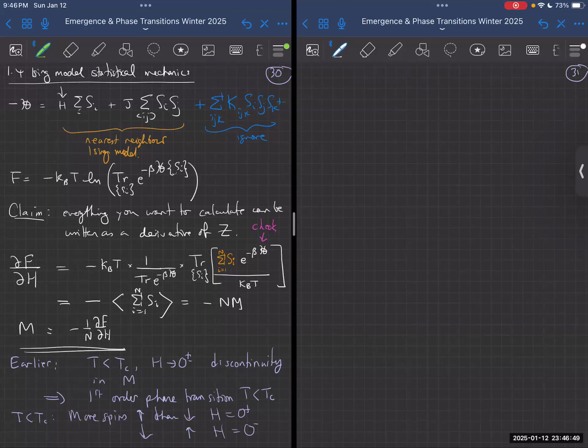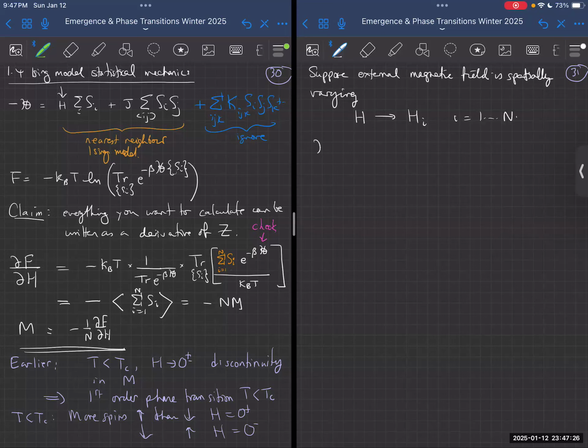So let's ask another question. Let's suppose that we made the external magnetic field spatially varying. So what that means is I started off with a uniform magnetic field, and now I've got an external magnetic field that is a function of i, where i goes from 1 up to n.